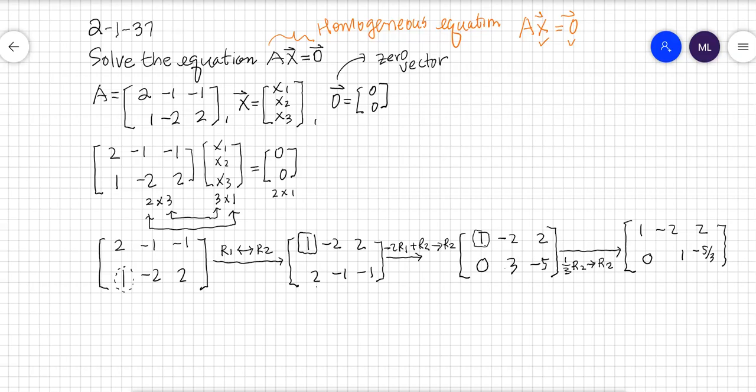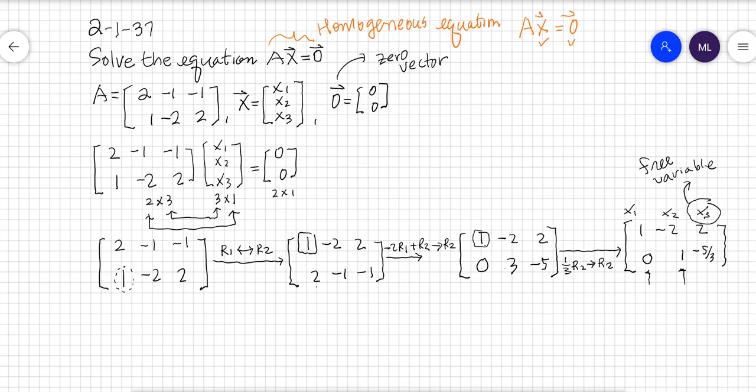Okay, now I have this leading entry 1, leading entry 1. There's no leading 1 here. So this is the x1 spot, and these are the x2 and x3 spots. So when x3 has no leading 1, this x3 becomes a free variable, we call it a free variable.